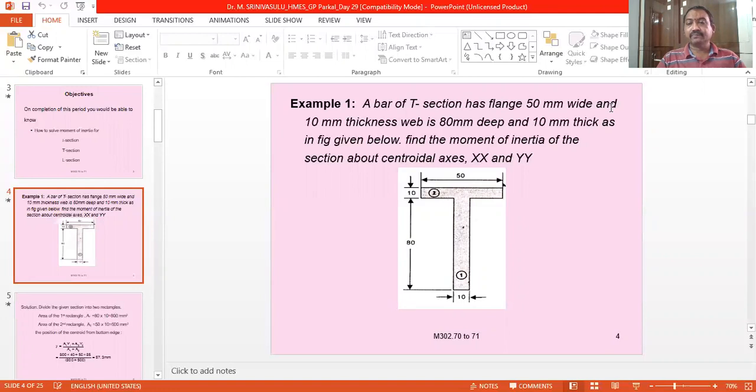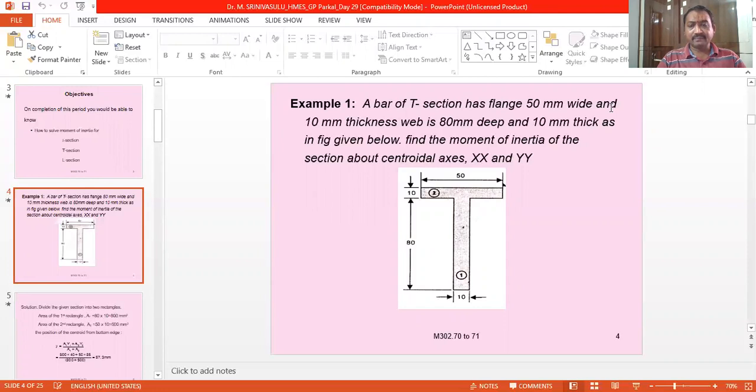Now take the problem. A bar of T section has a flange 50 millimeters wide and 10 millimeters thickness, and web is 80 millimeters deep and 10 mm thick, as shown in the given figure.